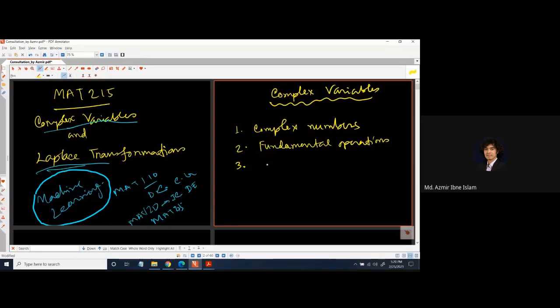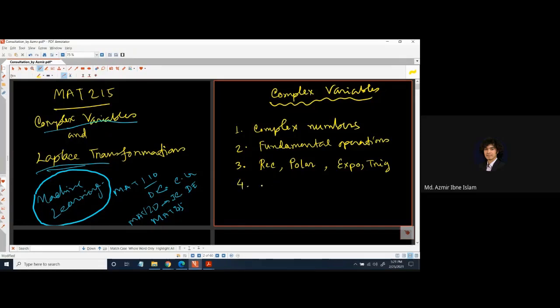Then we'll try to go through rectangular, polar. That means complex number can be represented as rectangular or also in polar form or in exponential form. We can also think about the trigonometric form of complex number.